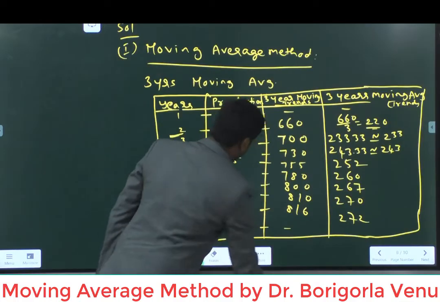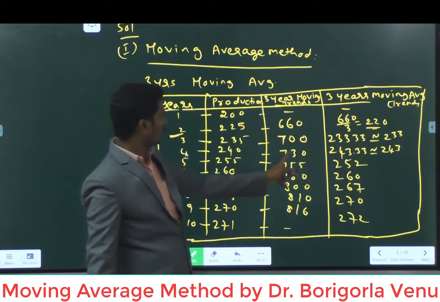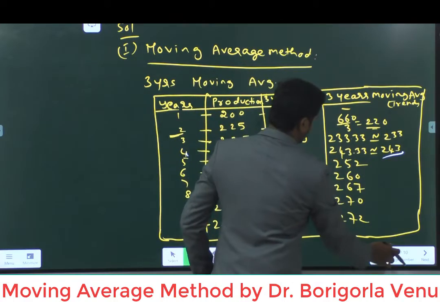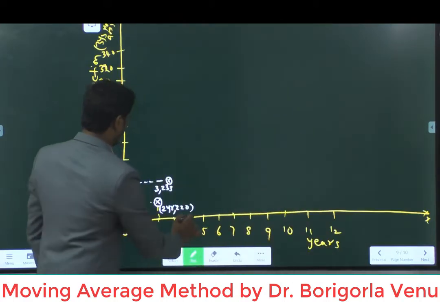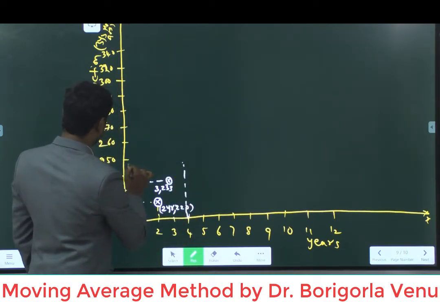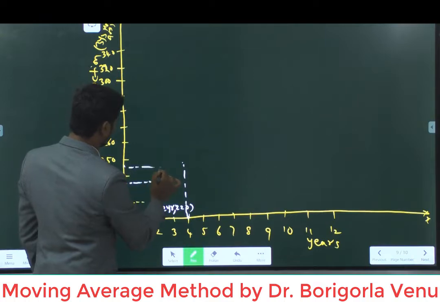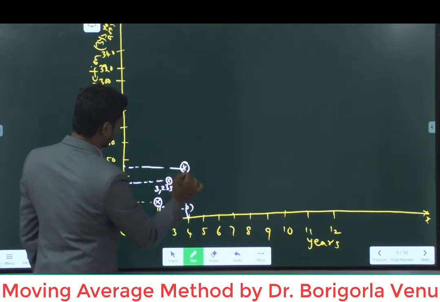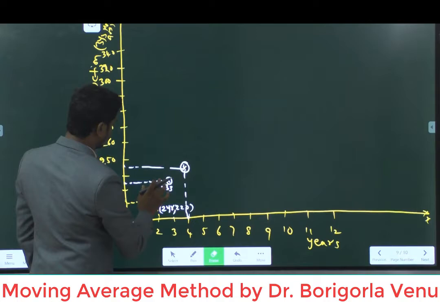Next, coming to the fourth year, we have the value 243. So I am going to plot the fourth year, the value 243.